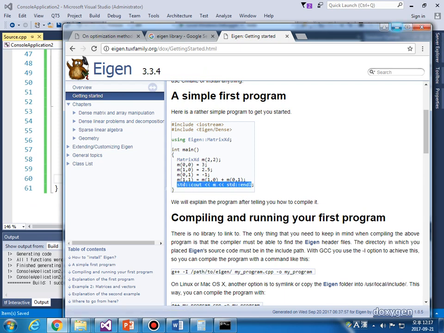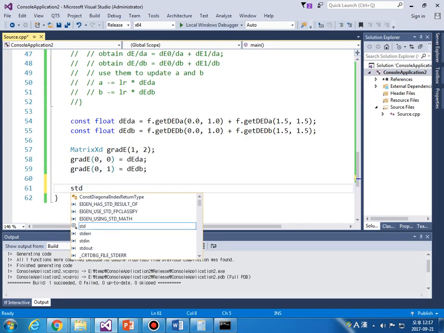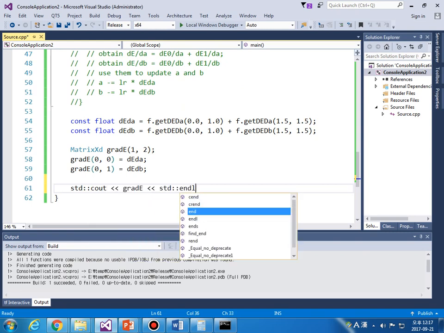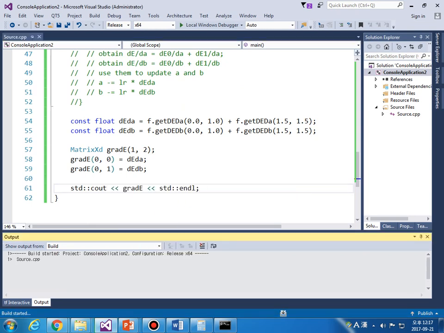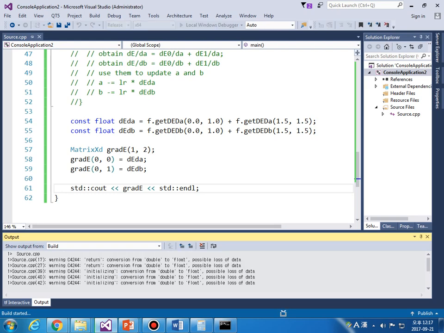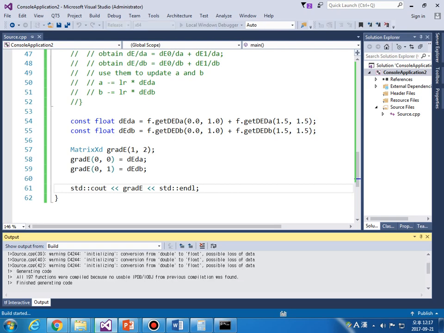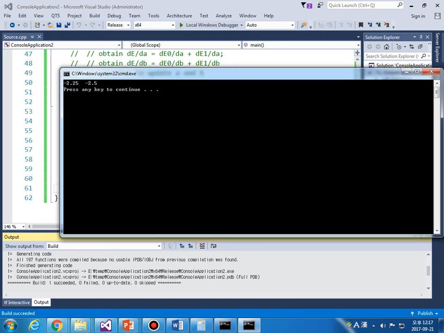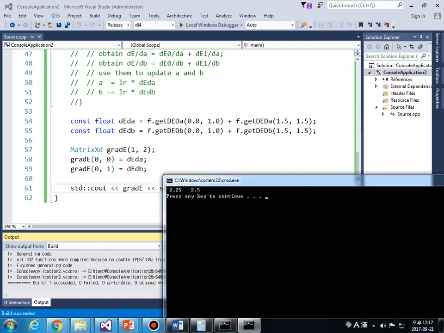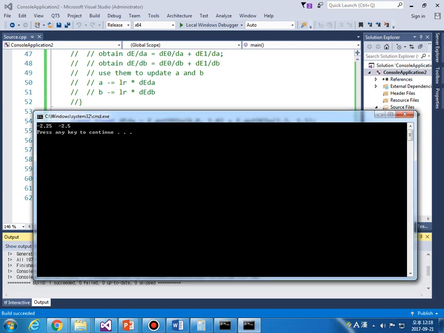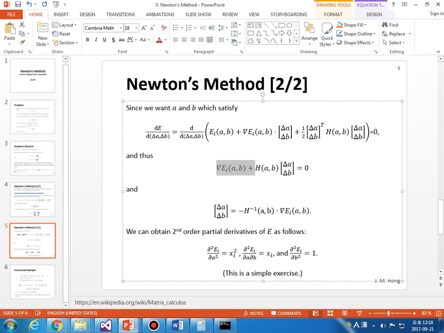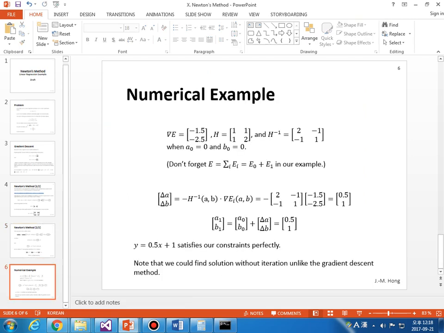Let's use cout, cout grad E. Okay, so we have a gradient: minus 1.5, 2.5.